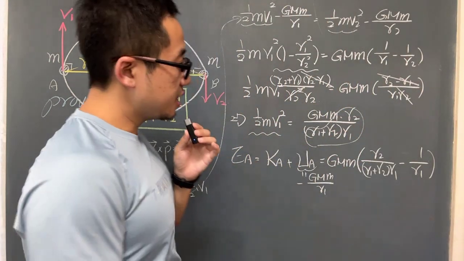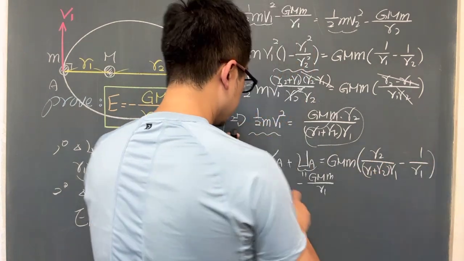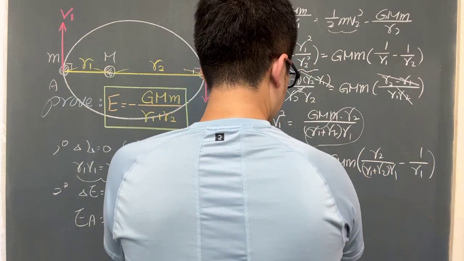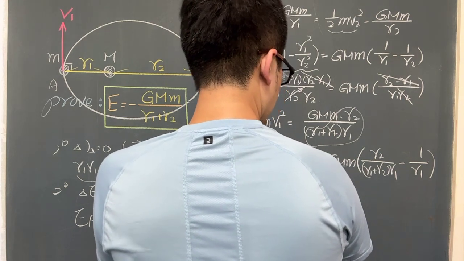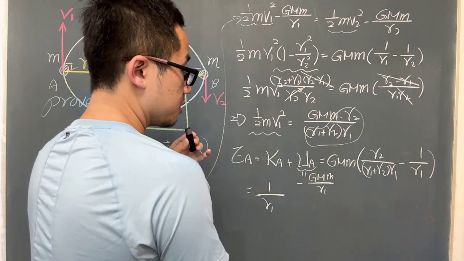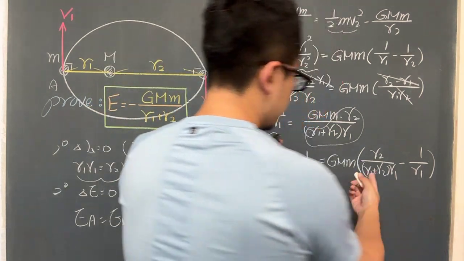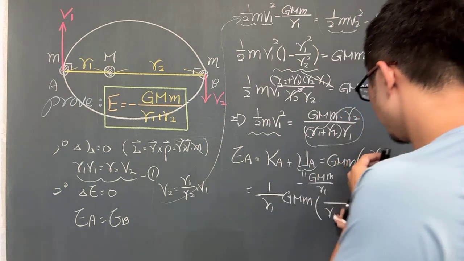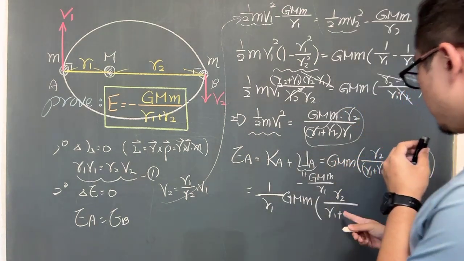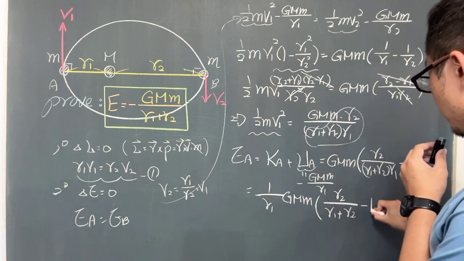I can just take the same term in front, so this is now equal to G times mass over r1, and inside it should be r2 divided by r1 plus r2 minus 1.